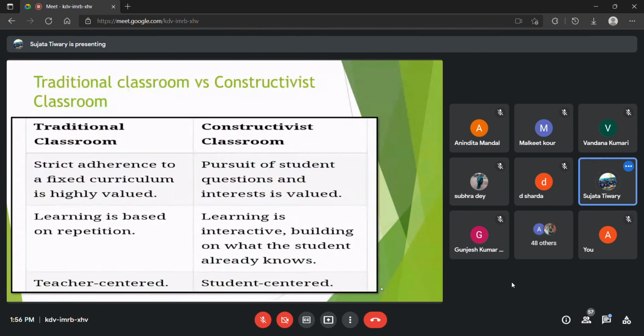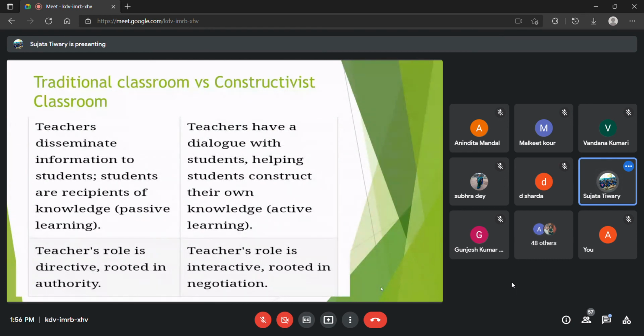Traditional classroom, here the strict fixed curriculum is there and learning is based on repetition. In constructivist classroom, interest is valued, and traditional one is teacher-centered. Constructivist class is student-centered.